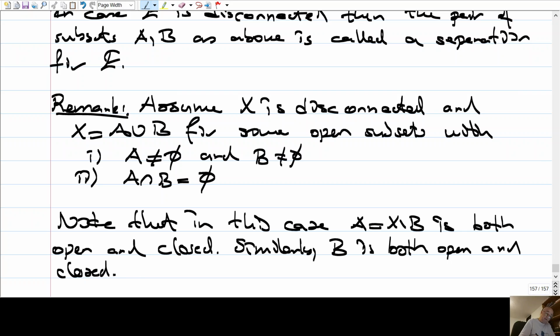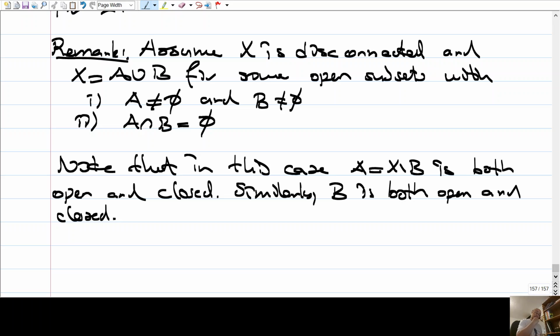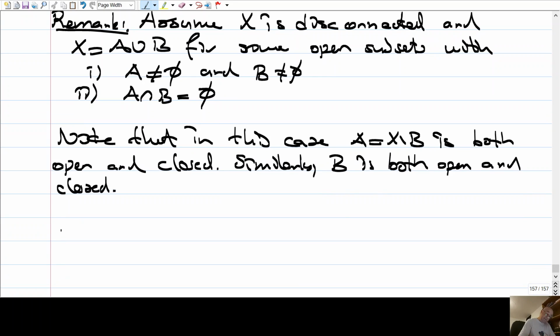So if X is disconnected, then X should be written as the union of two disjoint subsets, and actually they are both open and closed.